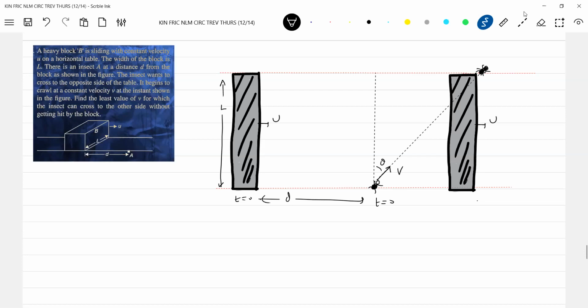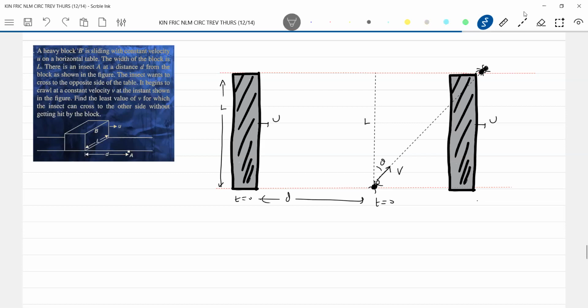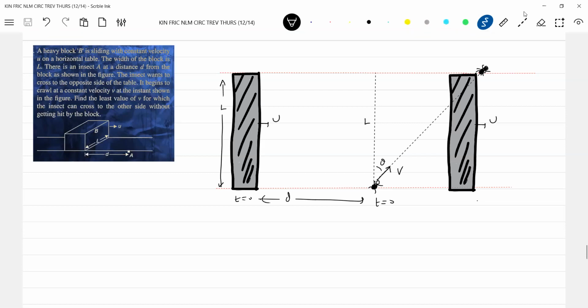We know this length is L. What is the time taken to cross the road? Taking the component of velocity, this is t equals 0 and this is t equal to t. So the time taken to cross should be equal to L by v cos theta.